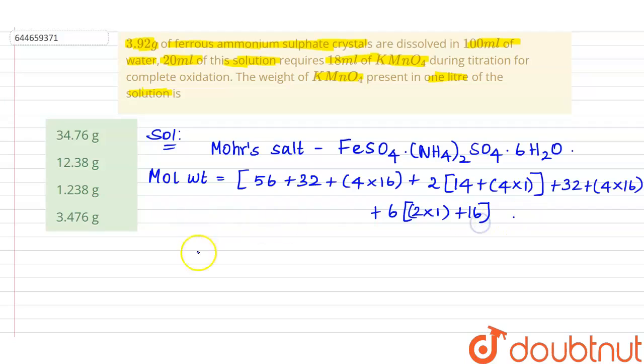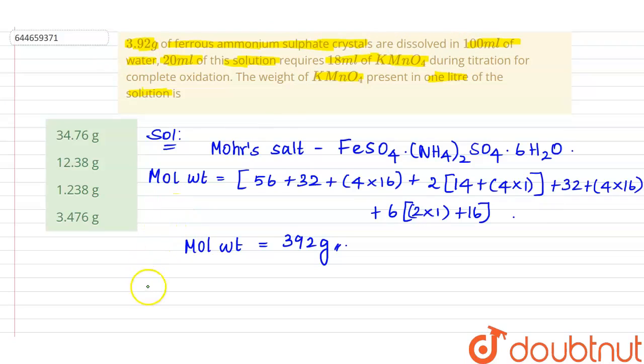When we simplify this we get the molecular weight of Mohr's salt, which will be equal to 392 gram.